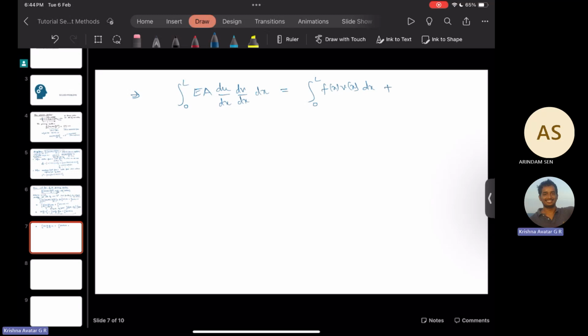So this gives us EA du/dx into v between 0 and L. Fine. Now what we do is, let us use the conditions on u and v.